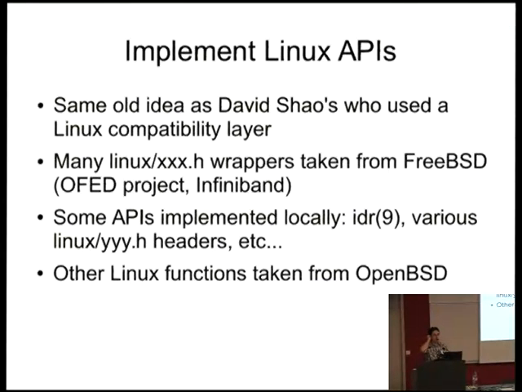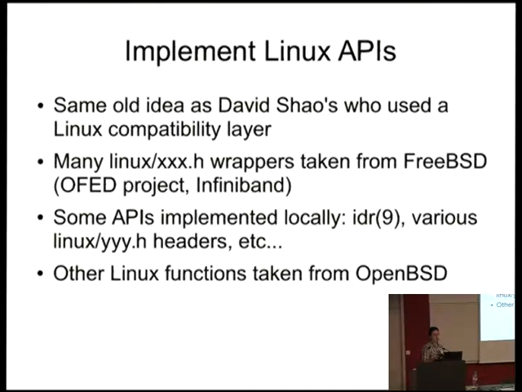So I generally try to use the Linux code base unmodified. And for that, I simply started to implement Linux APIs, which was the same old idea David Chisnall had a few years before. It was relatively easy, for FreeBSD already had an almost complete Linux API set of wrappers.